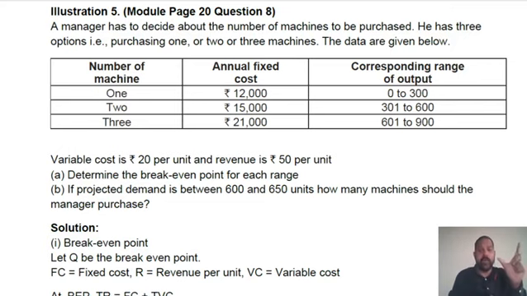This now is only about one process, but what are you going to find with break-even in one process? Well, I am going to find out whether that one process is profitable or not, for how many units it is profitable and from how many units it is not profitable.